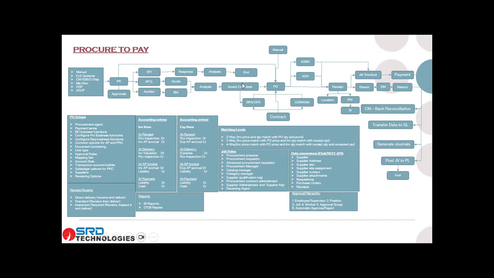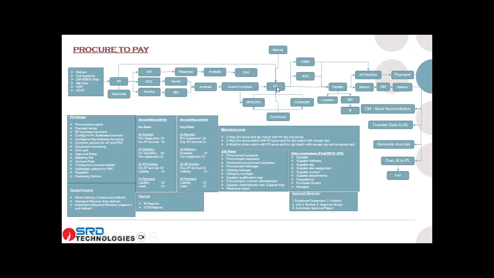If sourcing is not implemented, or if the item is purchased regularly and an approved supplier already exists, the buyer may create a PO directly against the purchase requisition.